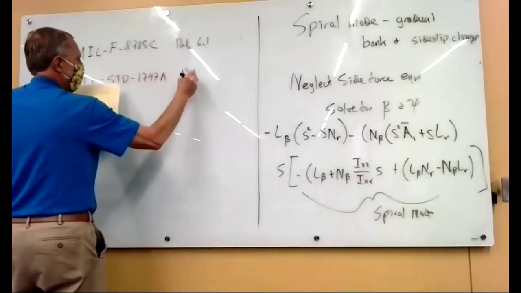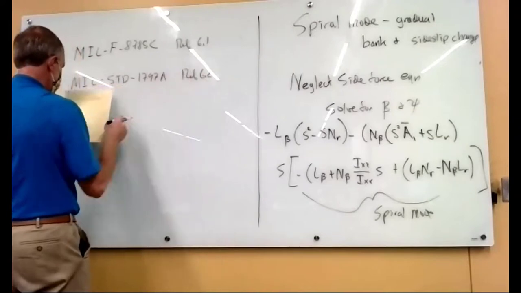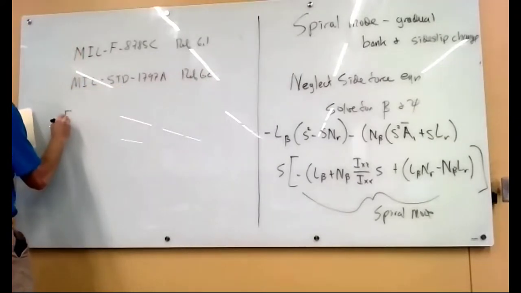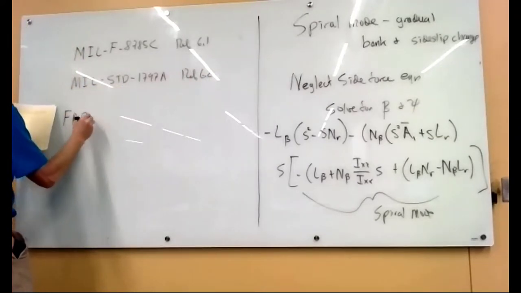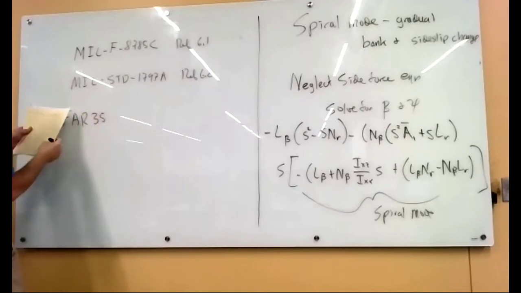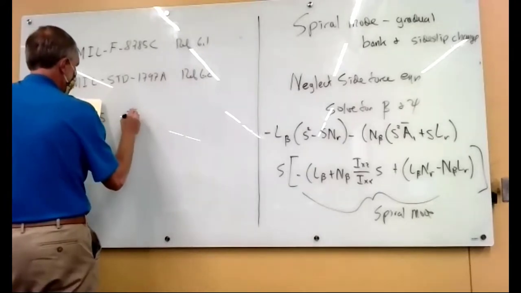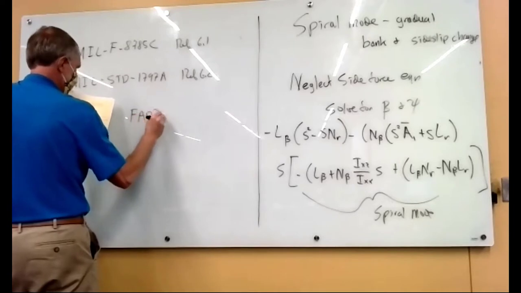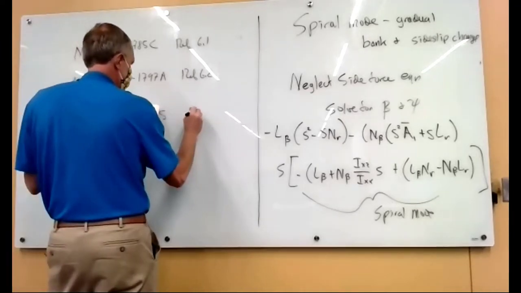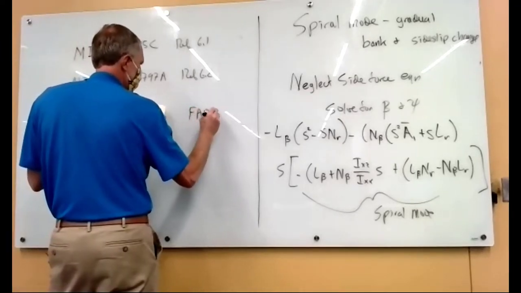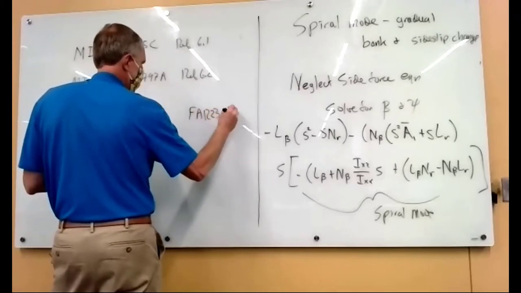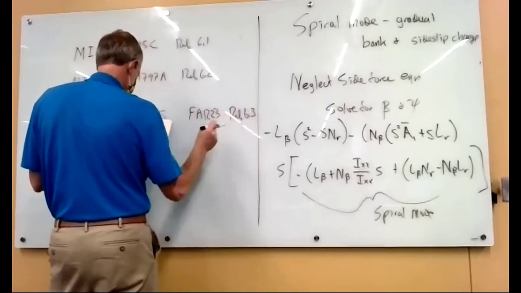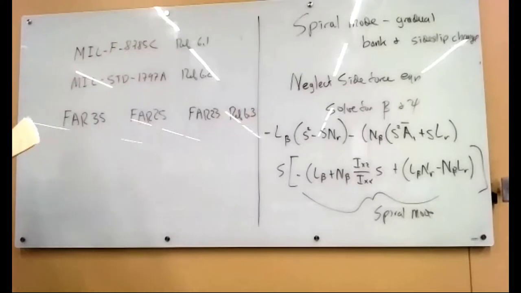And typically the mil specs are a little more stringent than the civilian specs. Part 35 for heavy aircraft, 25 for medium, and then 23 for lighter aircraft. And this is in reference 6.3. And there's also some very light aircraft specs.